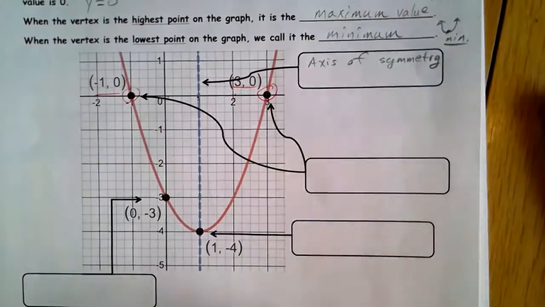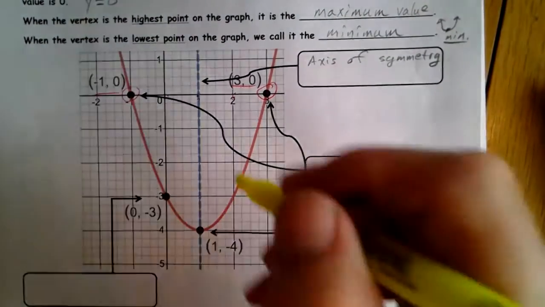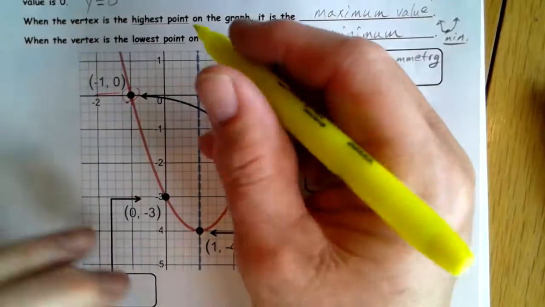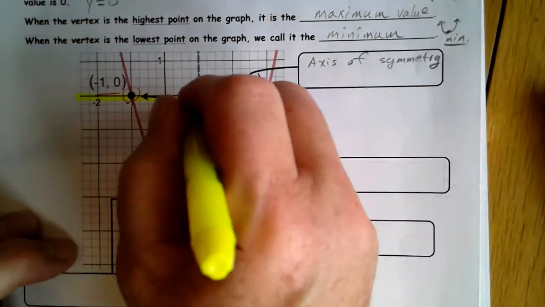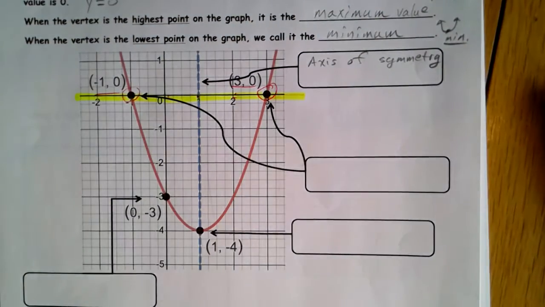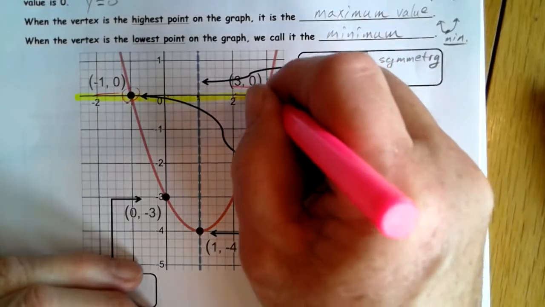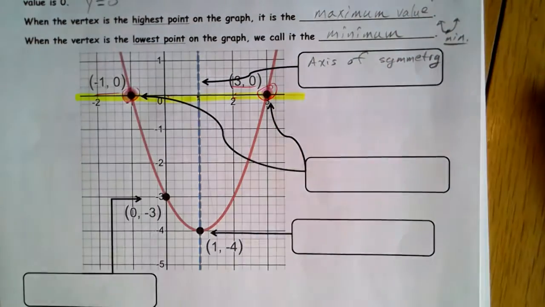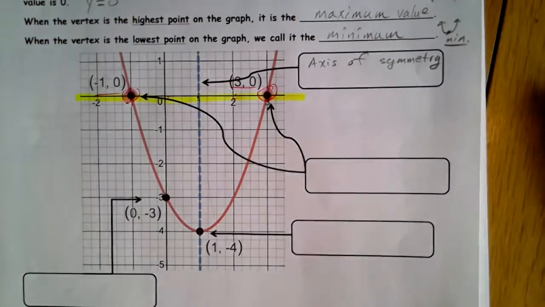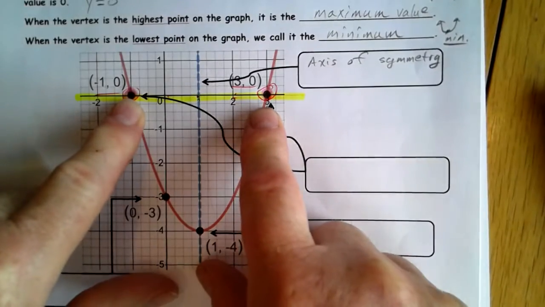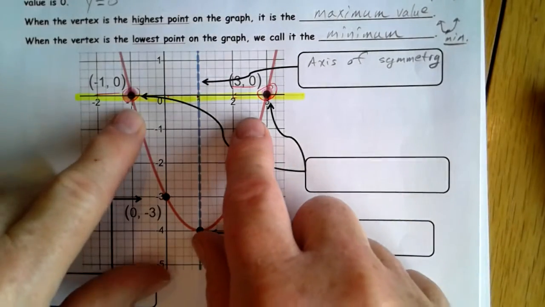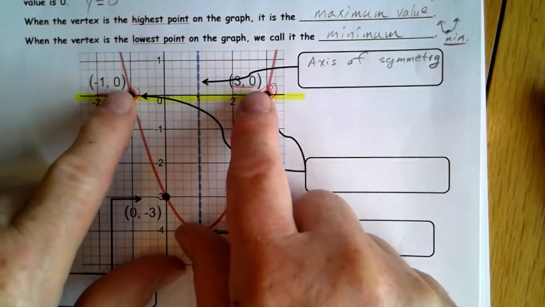Now, what we're looking at right here, here is the x-axis. Okay, and what's important about that is that this point and this point are the 2 points on the x-axis where the graph crosses it. If you notice, the y value of both those points is 0.